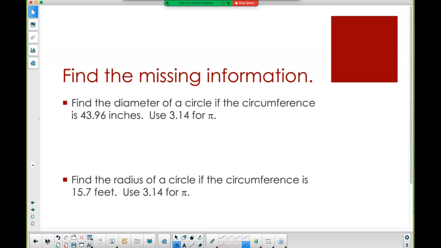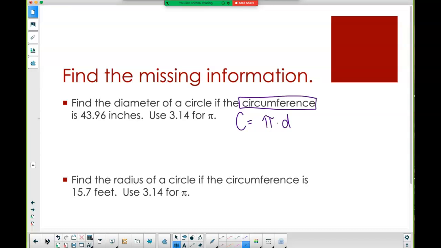This problem talks about circumference, right? So what formula should I use? C equals what? Circumference equals, Tyler? C equals pi times d. Everybody write that down.